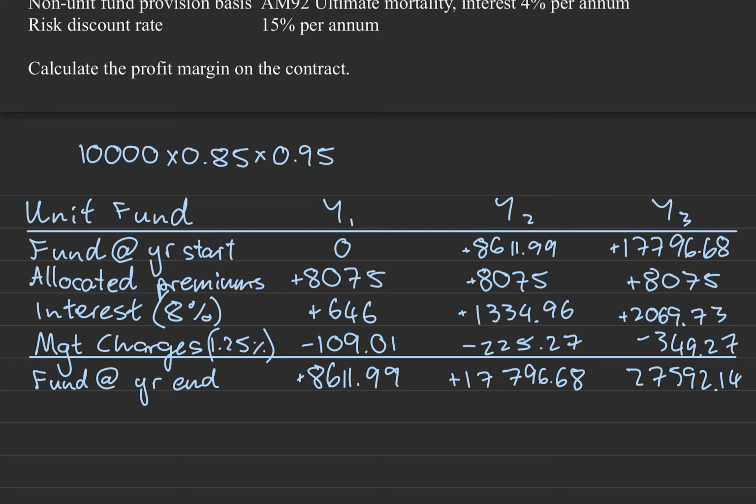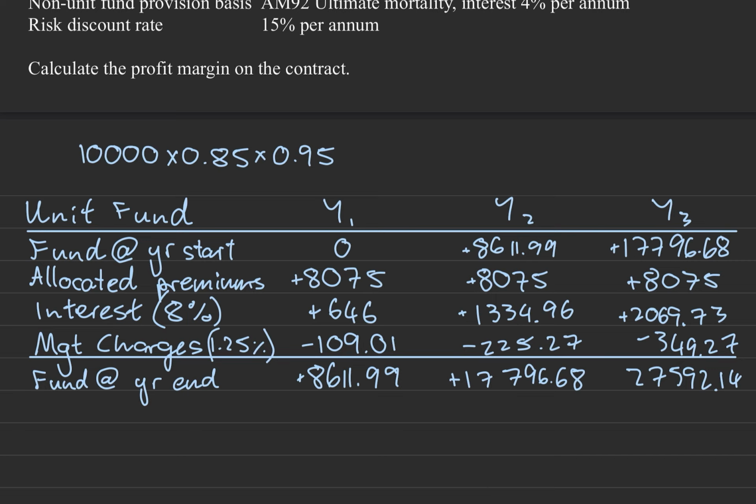That's how much he would be sitting with now. But now he gets paid out the greater of the fund value and the bid value of units. He gets paid out 27,000, which is less than the total amount that he paid in. So if he dies in year 3, then it was a bad deal for the policyholder.